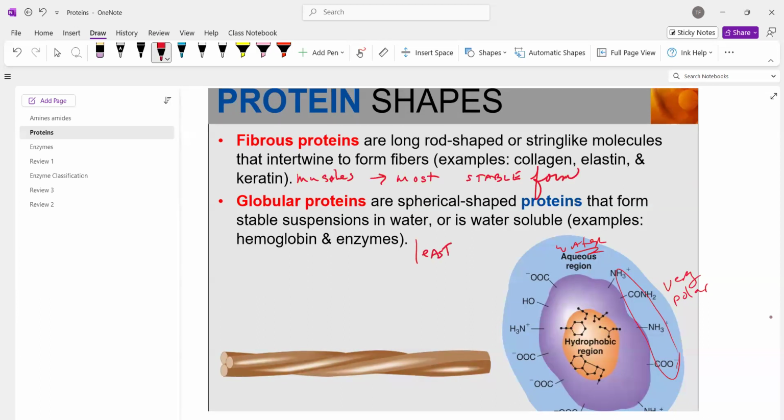And the least stable are the globular proteins. And this is where the enzymes come into play. So enzymes are globular proteins. They're very fragile. They're very sensitive to pH, the solvent they're in, and temperature.